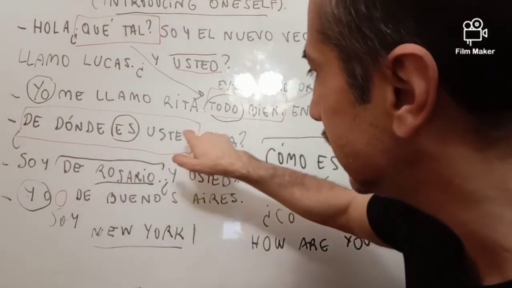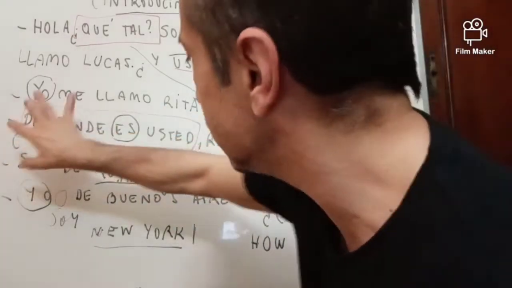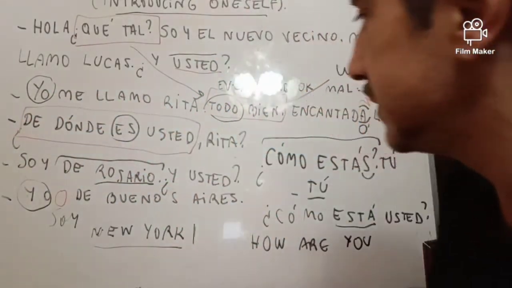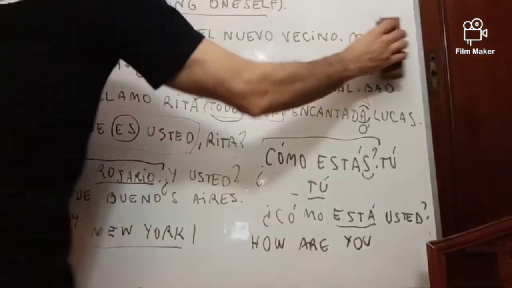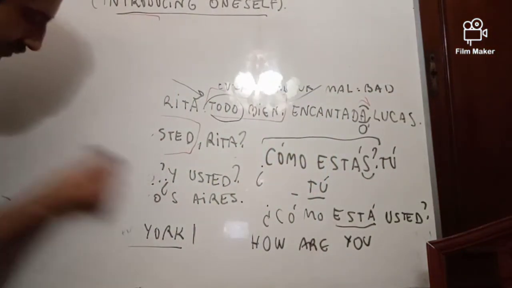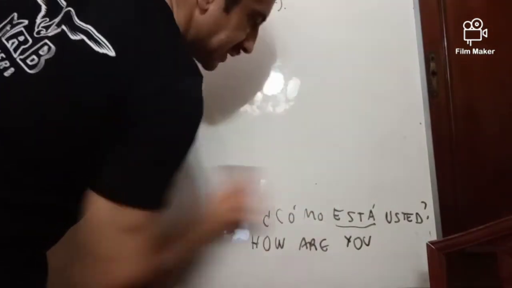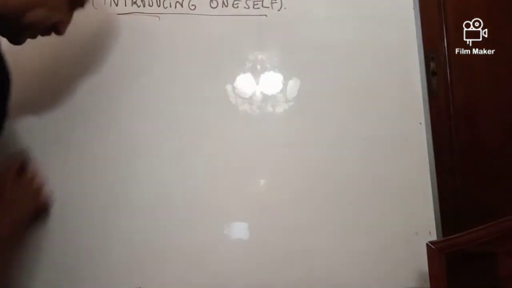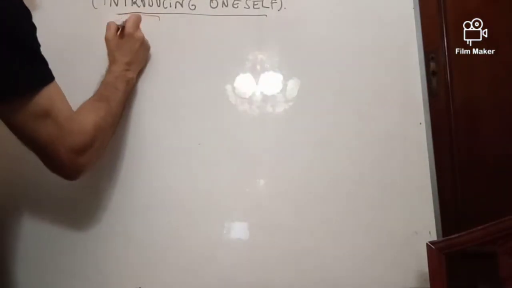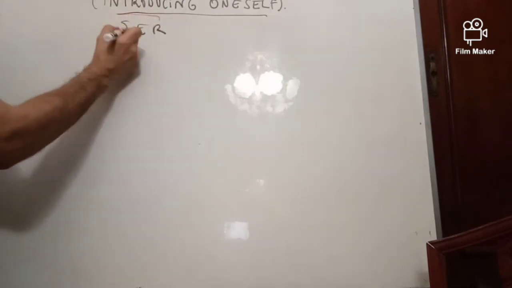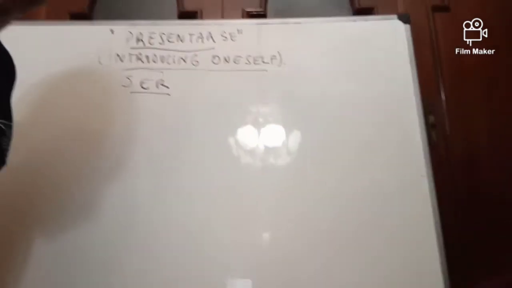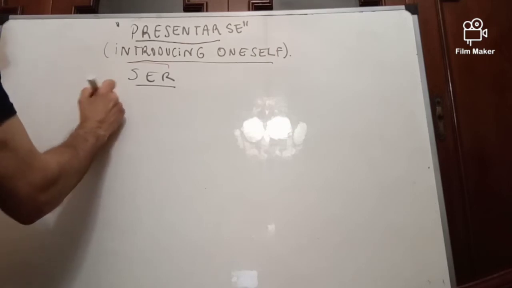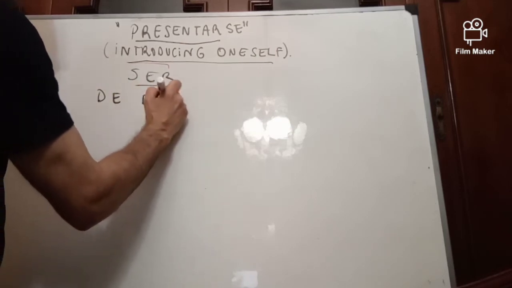Now we are going to see specifically this question conjugated in the different pronouns. Where are you from? As the verb to be conjugated is the verb ser, one of the translations of the verb to be in Spanish, we are going to conjugate this verb for the different pronouns, making the same question. ¿De dónde?